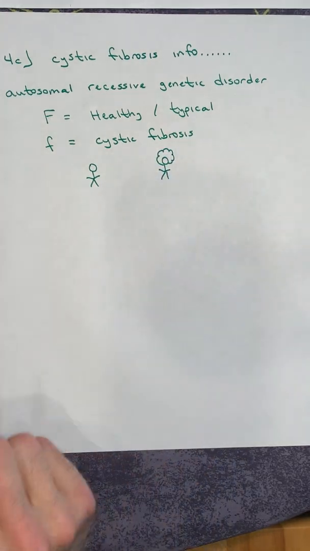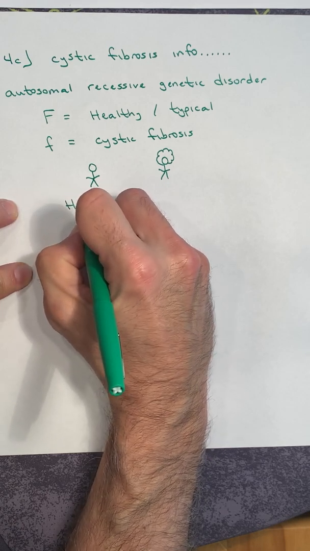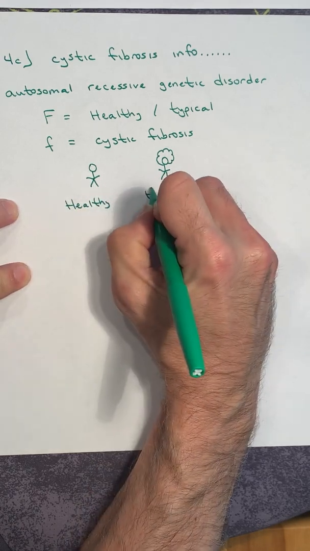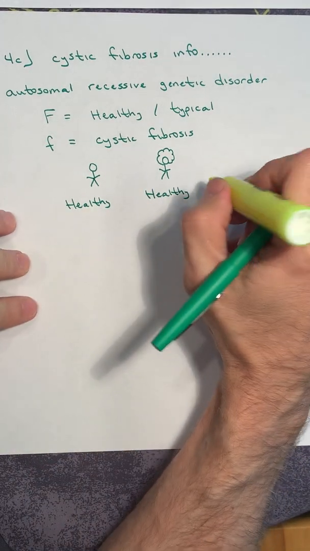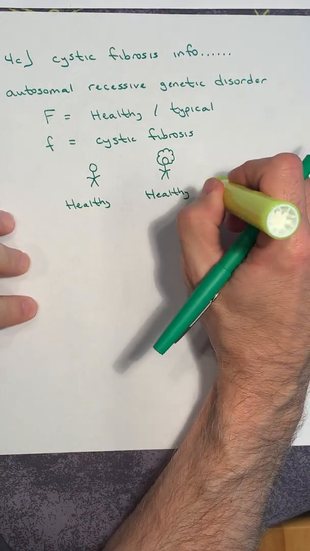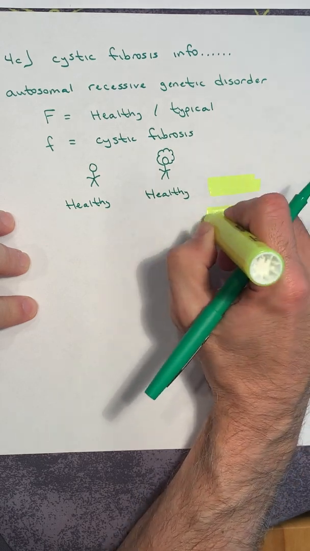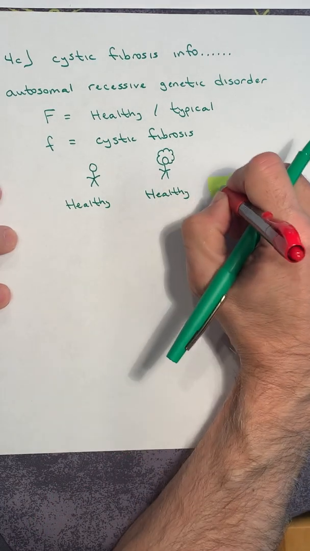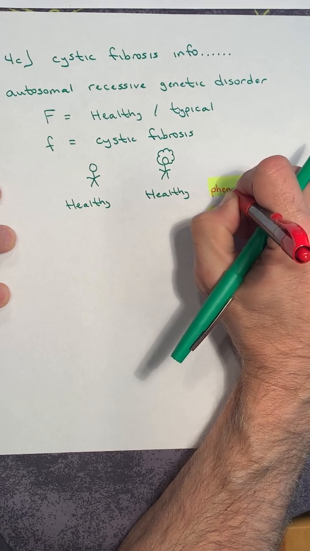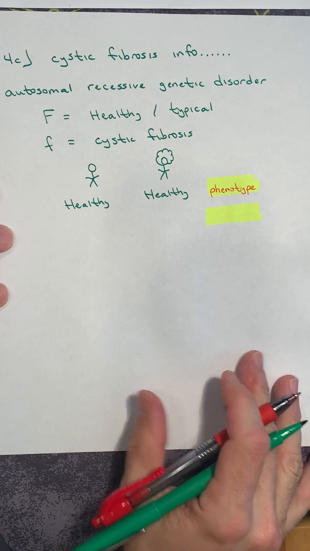So then what you want to do is set up a couple who are going to reproduce, right? So this is where you make a choice. I'm going to define both of them as being healthy. Do what you want. Okay? Now, since I called them healthy, we're talking about what they are physically. That's called their phenotype. And that may or may not match what they are genetically, which is their genotype. So, since they're healthy, what we see on the outside, what they are physically, that's their phenotype.